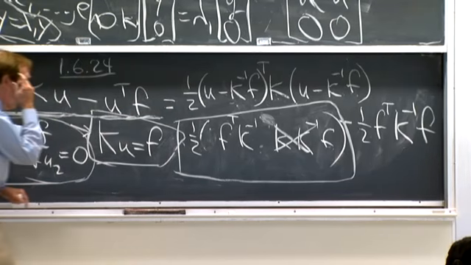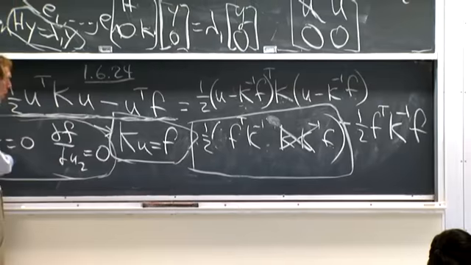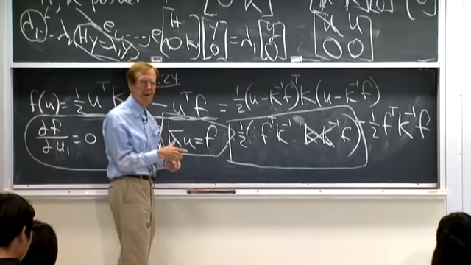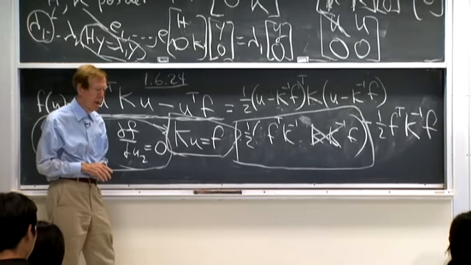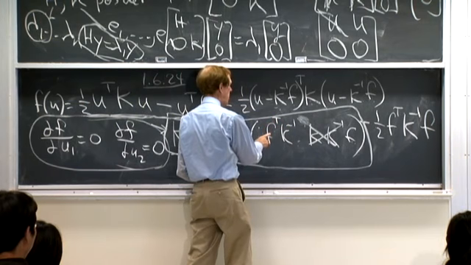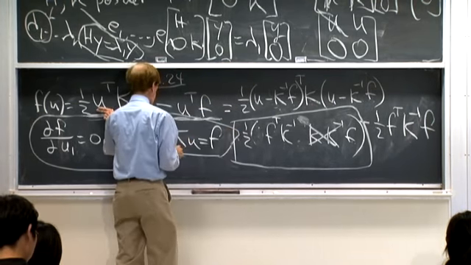So has my good friend Professor Lin messed up? No. What's going to happen now? The two that I didn't do, you see, the 1/2 u transpose ku is here.